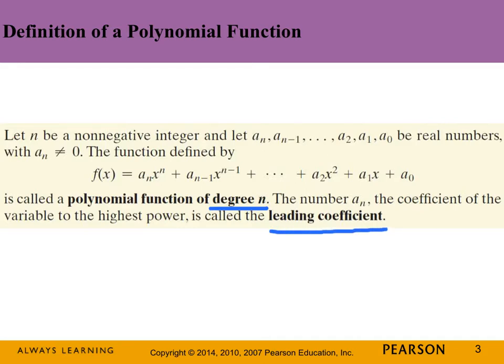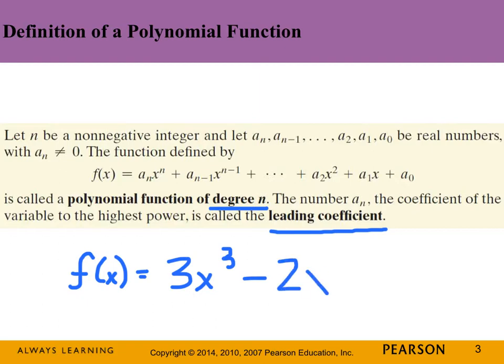For example, if I had f of x equals 3x to the third minus 2x squared plus 1, well, the degree is 3, and the leading coefficient happens to also be 3.